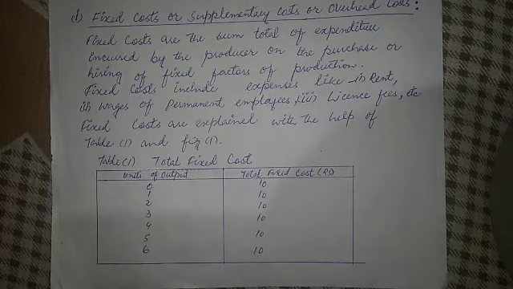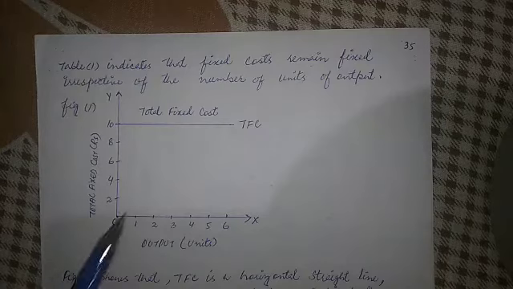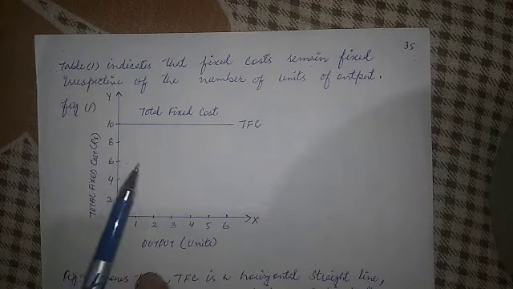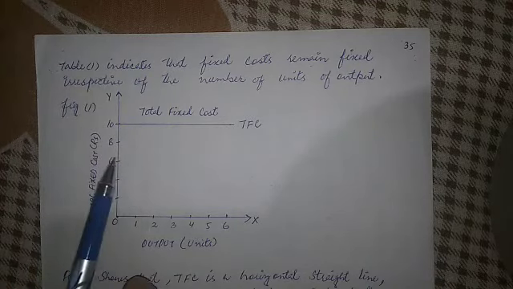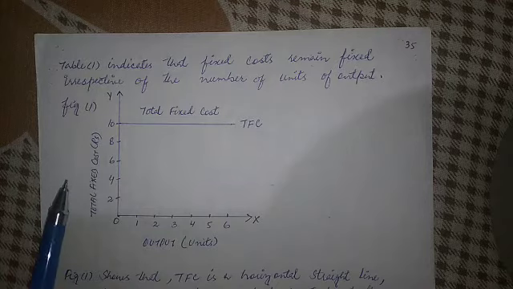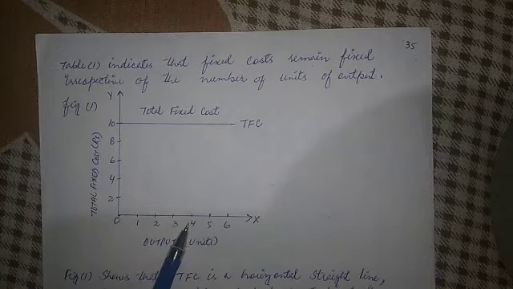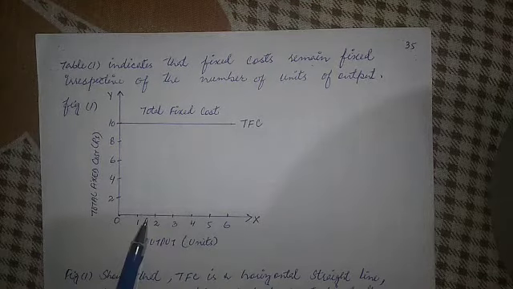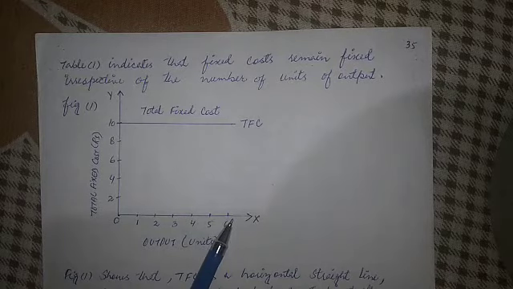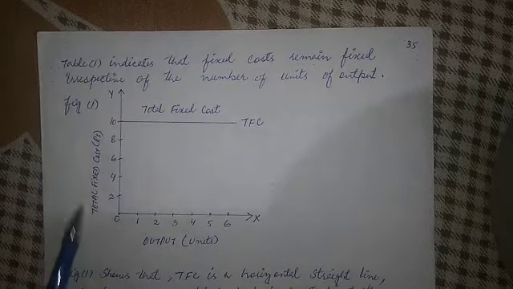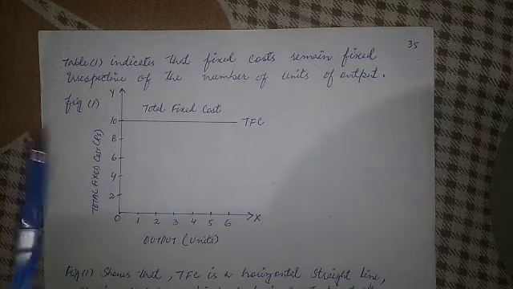Now I will show you with the help of figure. In this figure 1, units of output are shown on x-axis, and total fixed cost of production on y-axis.